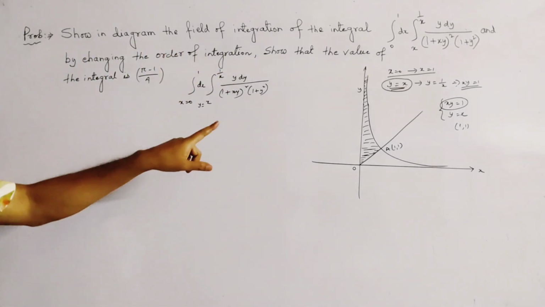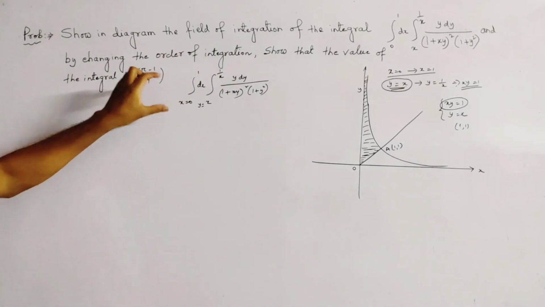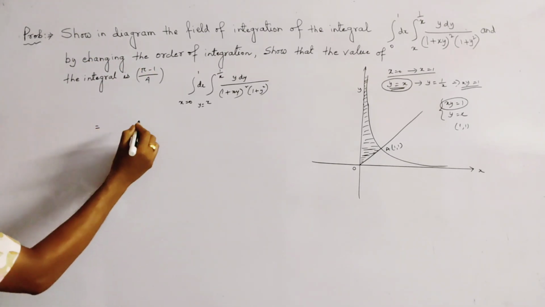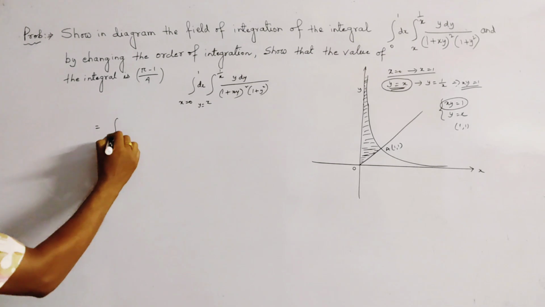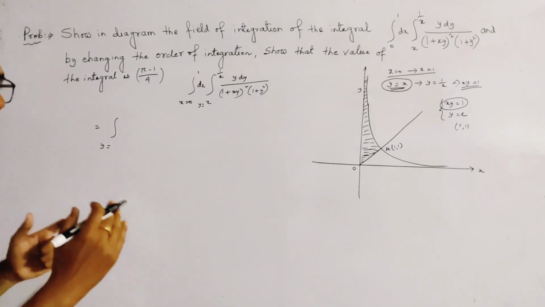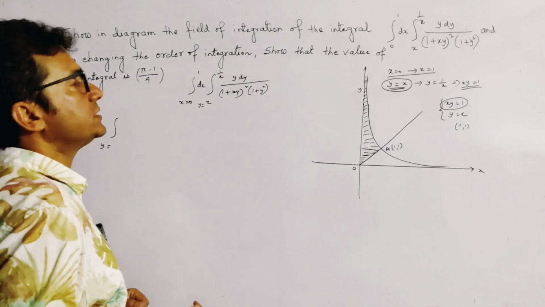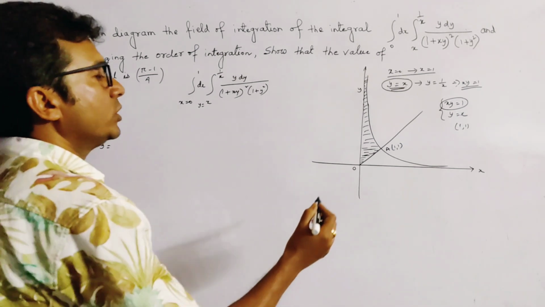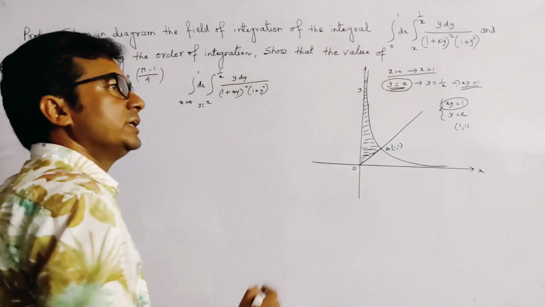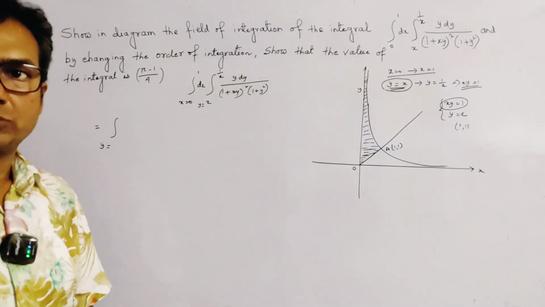We must change the order of integration to evaluate the integration, okay? So by changing the order of integration, we first take y. What is the value of y? The value of y is from 0 to infinity, because the y-axis is the asymptote.